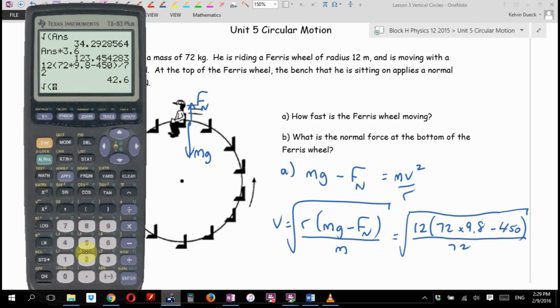Square root. You get 6.526867. Double check me because I did a lot of typing. Is that right? Yeah? So let's go 6.53.